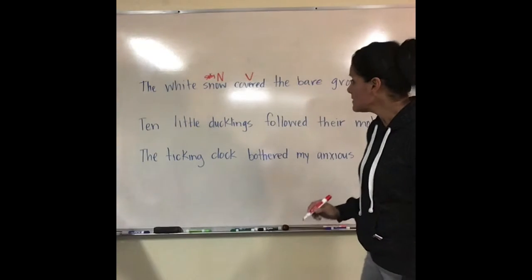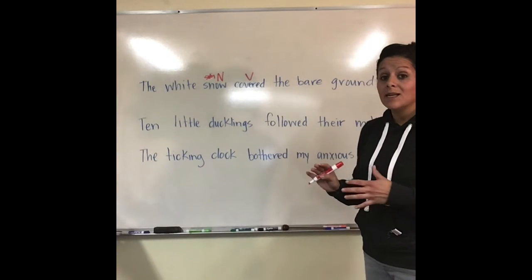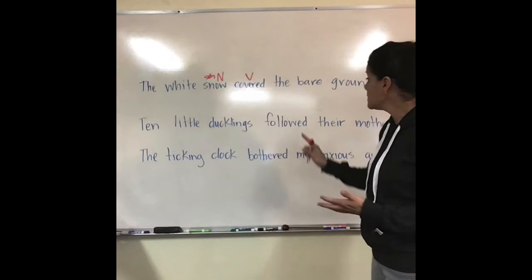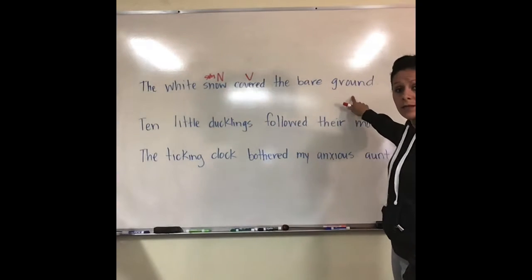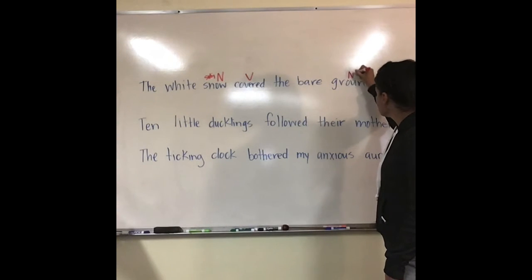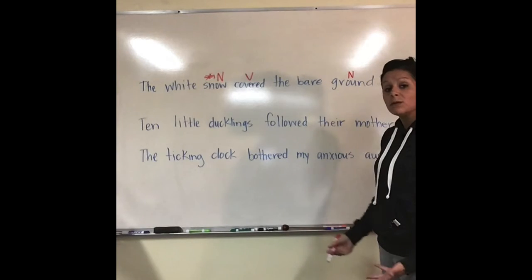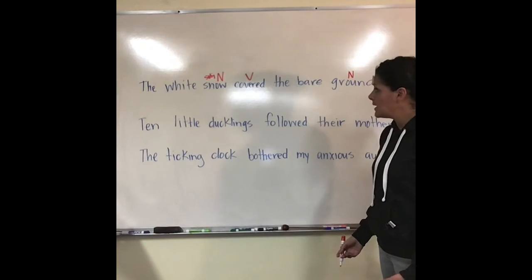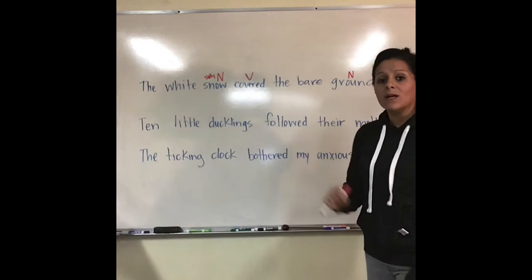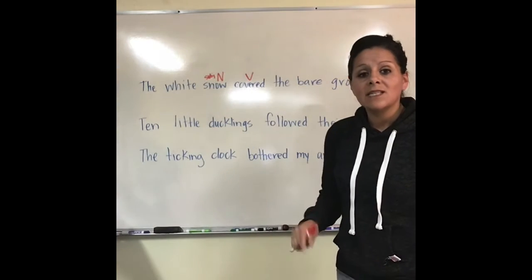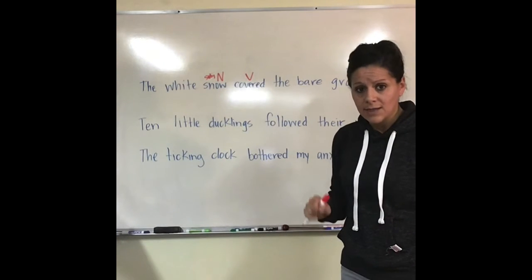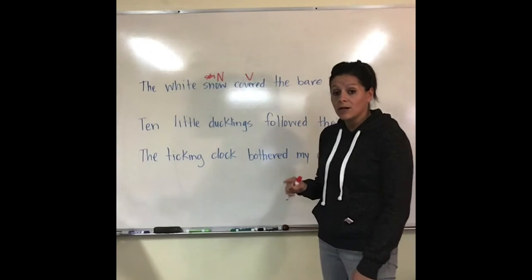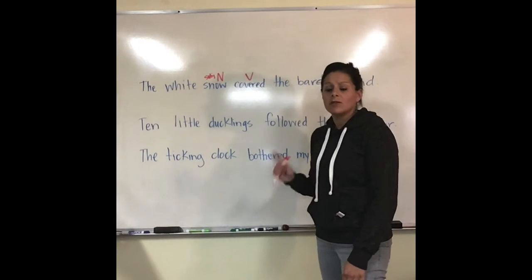Okay, now we're going to look for any other nouns in the sentence. I see another one. It's right here. It's ground. Okay, are there any pronouns in the sentence? I don't see any pronouns. Now, one thing I kept forgetting to remind you of is that we have to look for those automatic adjectives. And do you guys remember what those automatic adjectives are called? Called articles.